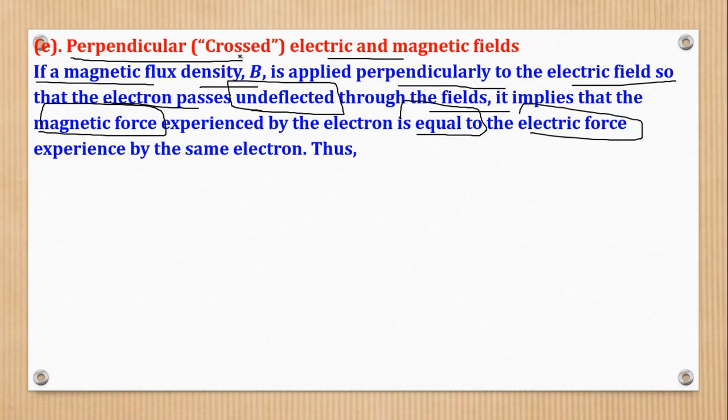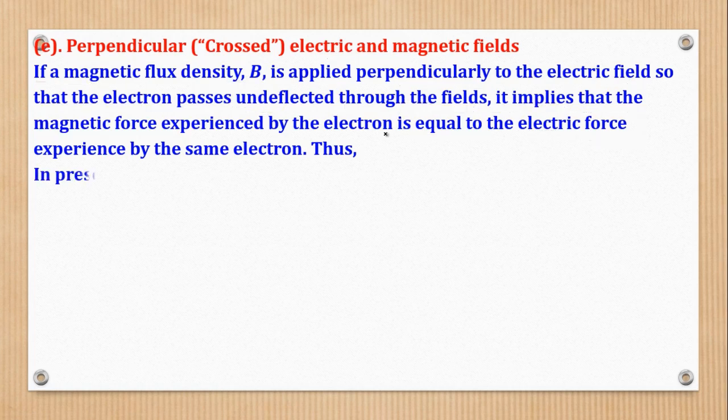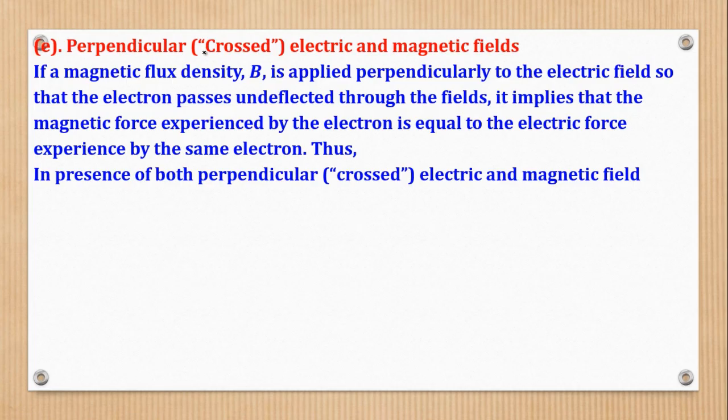So each time you hear the word crossed electric and magnetic field, and they tell you that the electron passes undeflected, it implies that the magnetic force is equal to the electric force. So that is the condition for crossed fields and no deflection.